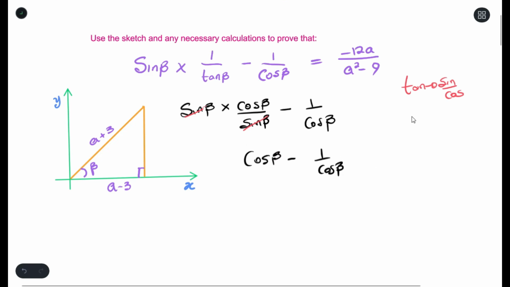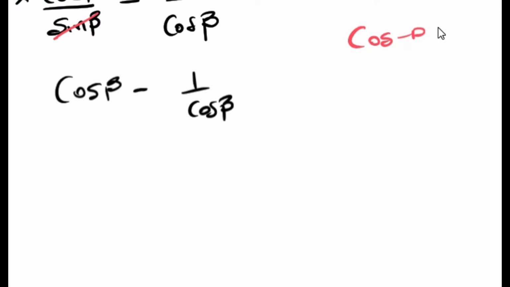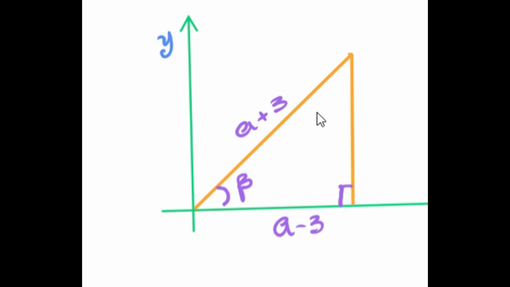another thing that we also know, using trig ratios, is that cos is x over r, or we can say it is adjacent over hypotenuse, either way. So since we're given a triangle over here, this can be represented as r, or your hypotenuse, if that's what you want to call it. And this one over here can be represented as x, or we could also call it the adjacent.